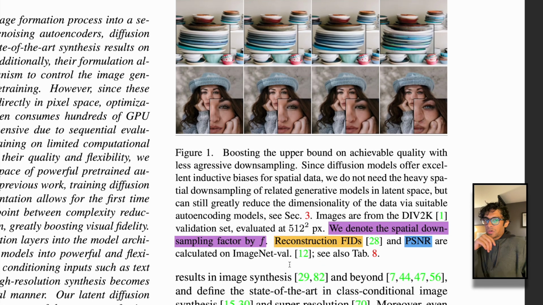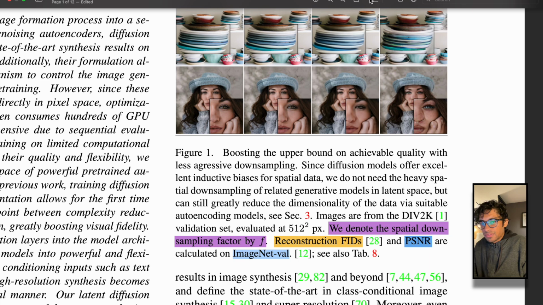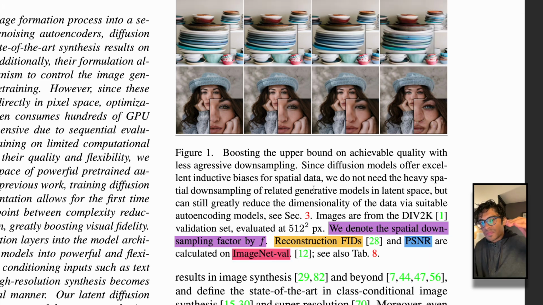So peak signal to noise ratio is calculated on the ImageNet validation set. That's fine. So let's say there is a model. Now you need a particular data set, right? All over the world, people would want to calculate this.